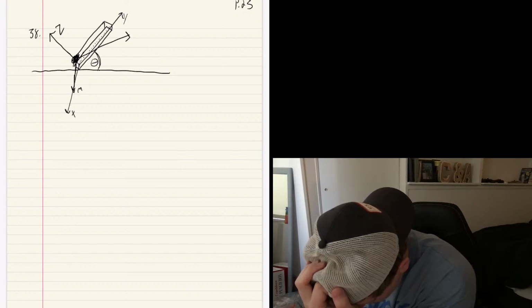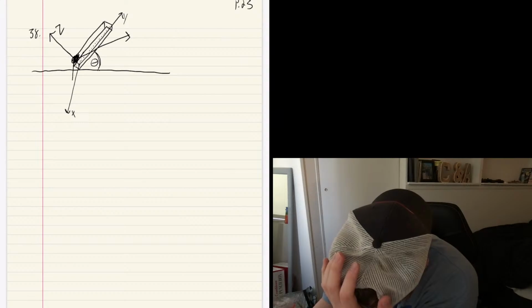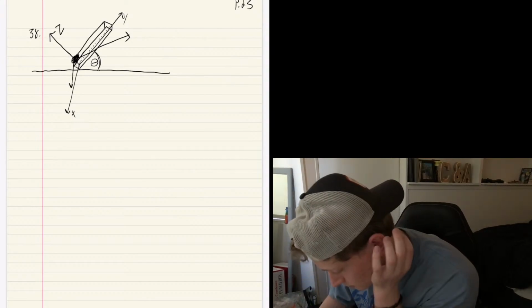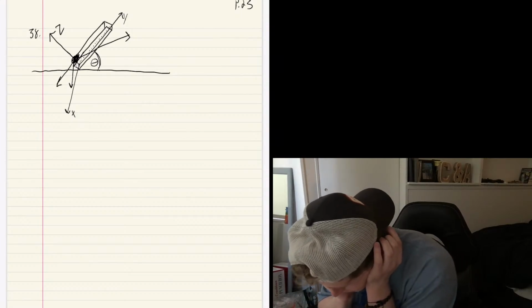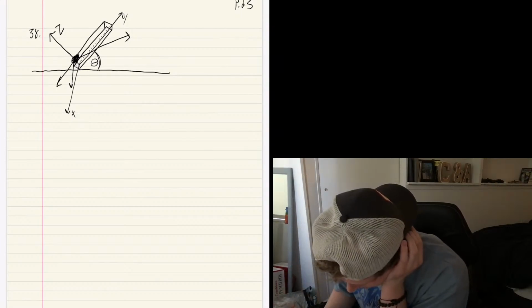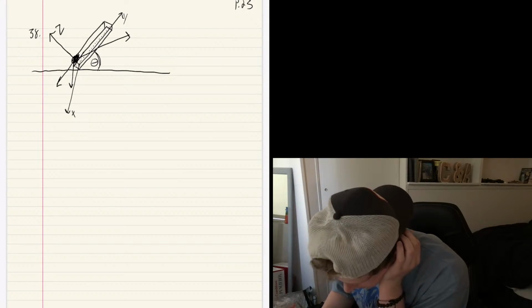Okay, this would be... Hold on, I'm thinking. The gravity would go down like this. Gravity, that's mg. And the negative force is going like that. So what is this angle? I think it's just theta, right? So that'd be cosine theta.